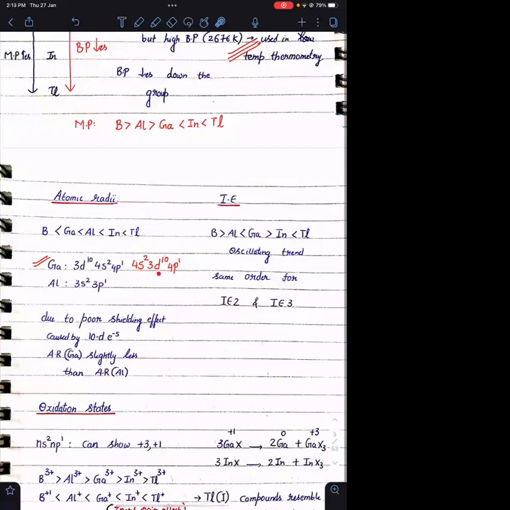The D subshell has very, very poor shielding effect. If you are having very poor shielding effect, what happens to Z star? It increases, so Z star of gallium is greater than Z star of aluminium.